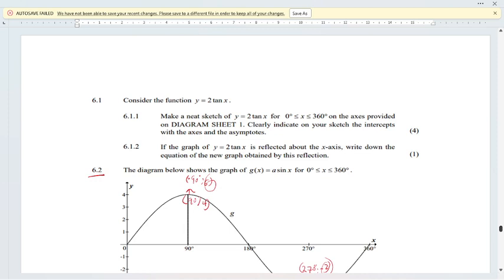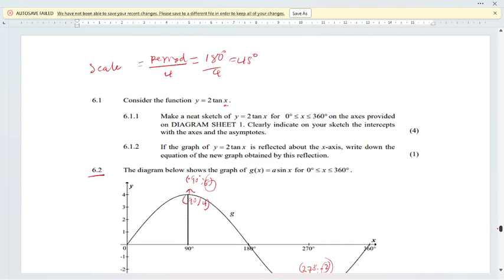Alright, we now already know the scale. What is the scale here? You look at this one. What is the scale? 45. Why? The original period divided by 4. What is the scale? 45.